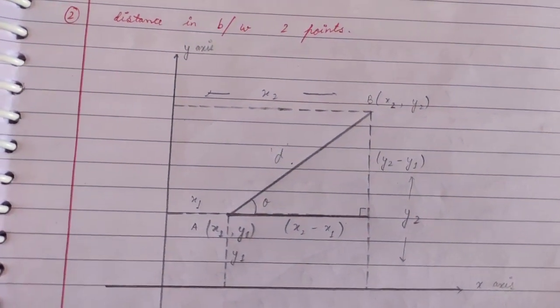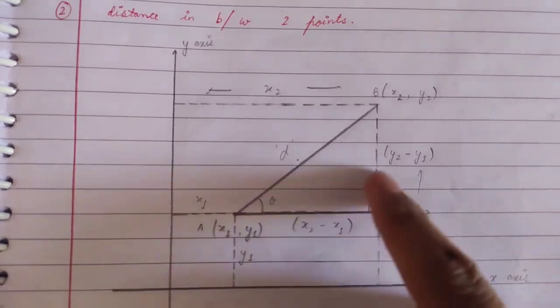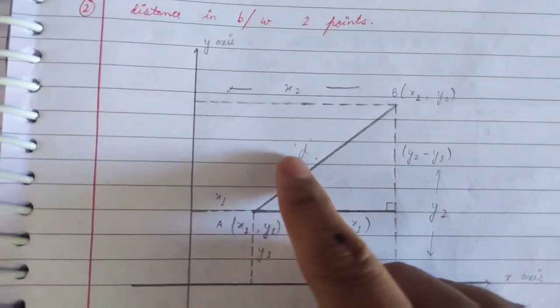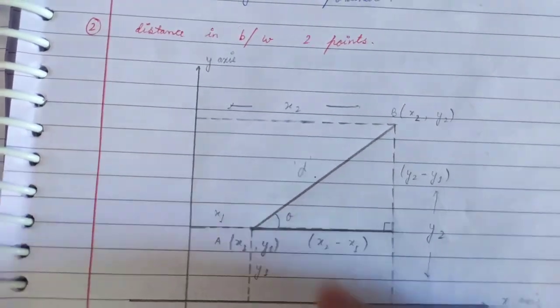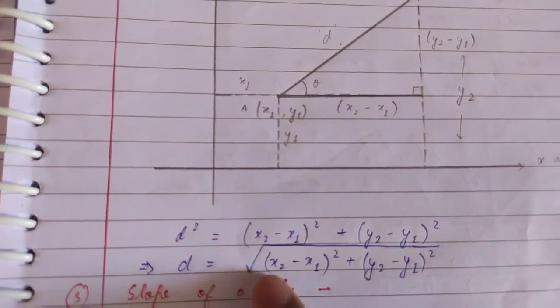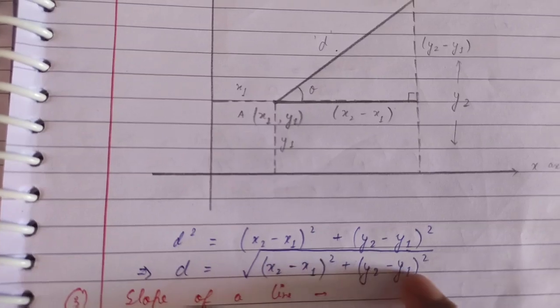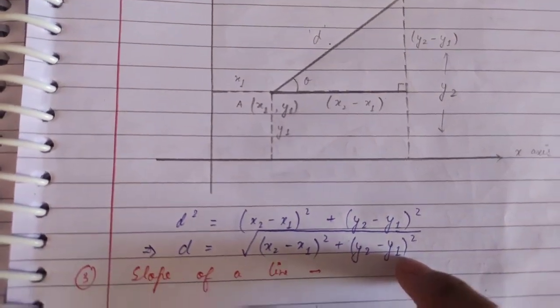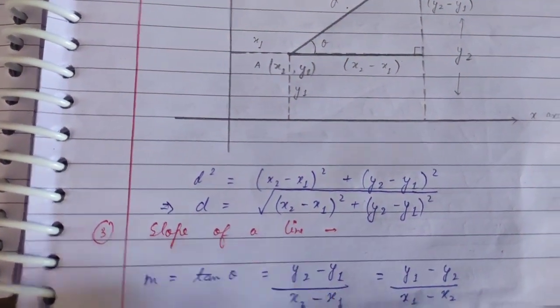So that gives us x2 minus x1 whole square plus y2 minus y1 whole square equal to d square, where d is the distance. That is how we got d equals root over x2 minus x1 whole square plus y2 minus y1 whole square.